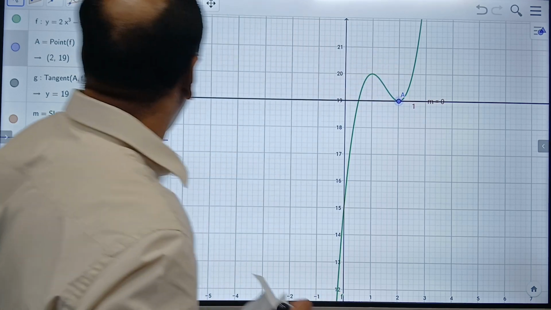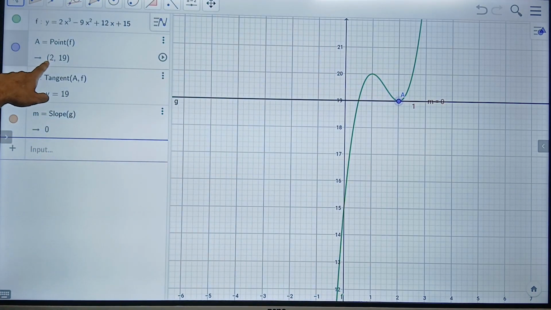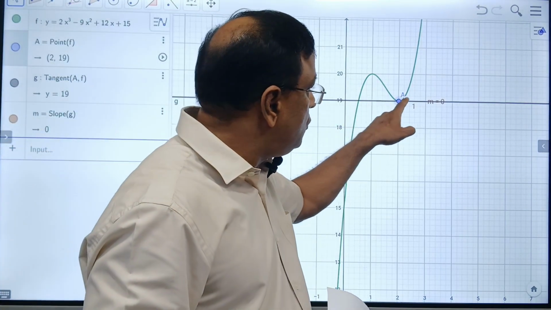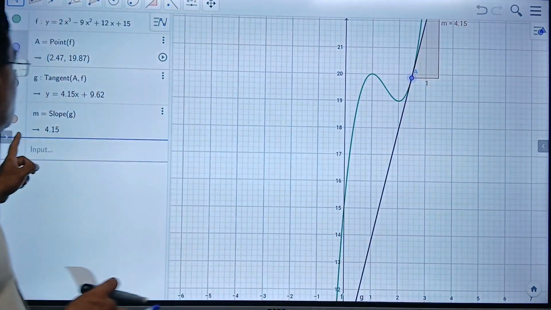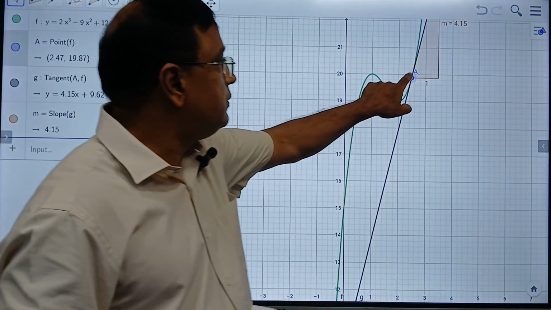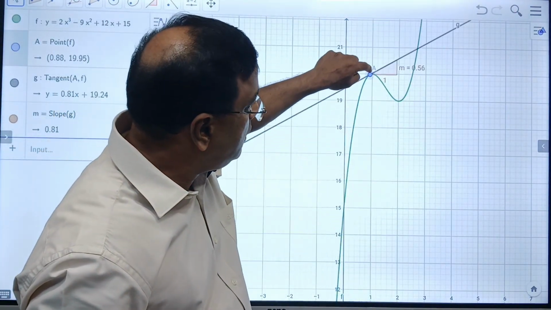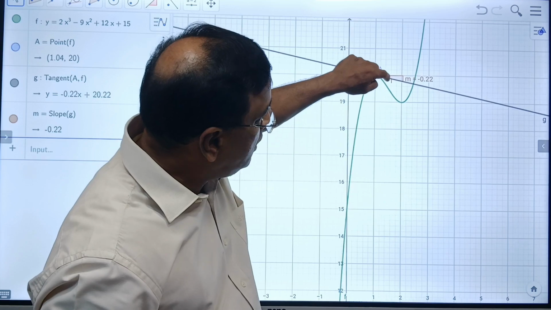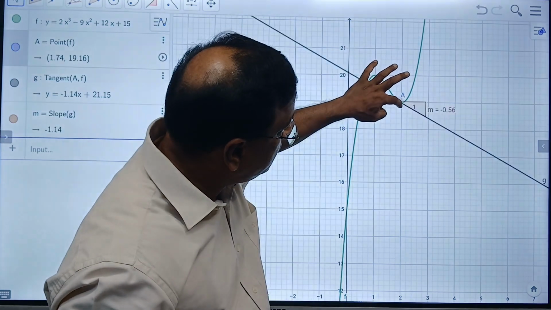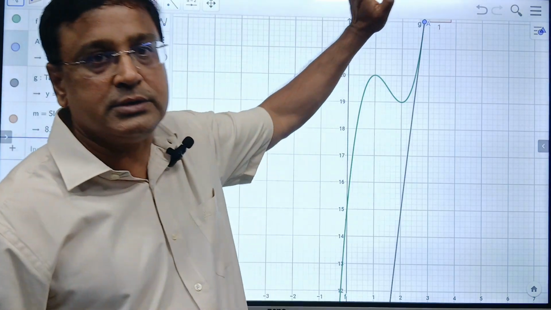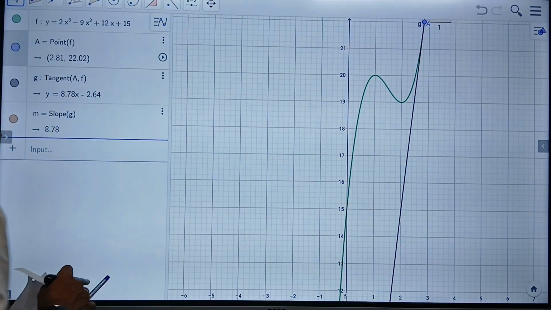Now you see, when a is 2 comma 19, it is 0. Then again from 2 to infinity, it becomes positive. So from minus infinity to 1, it's increasing. 1 to 2, it is decreasing. And then from 2 to infinity, it is again increasing. Okay, I hope that is clear to you.